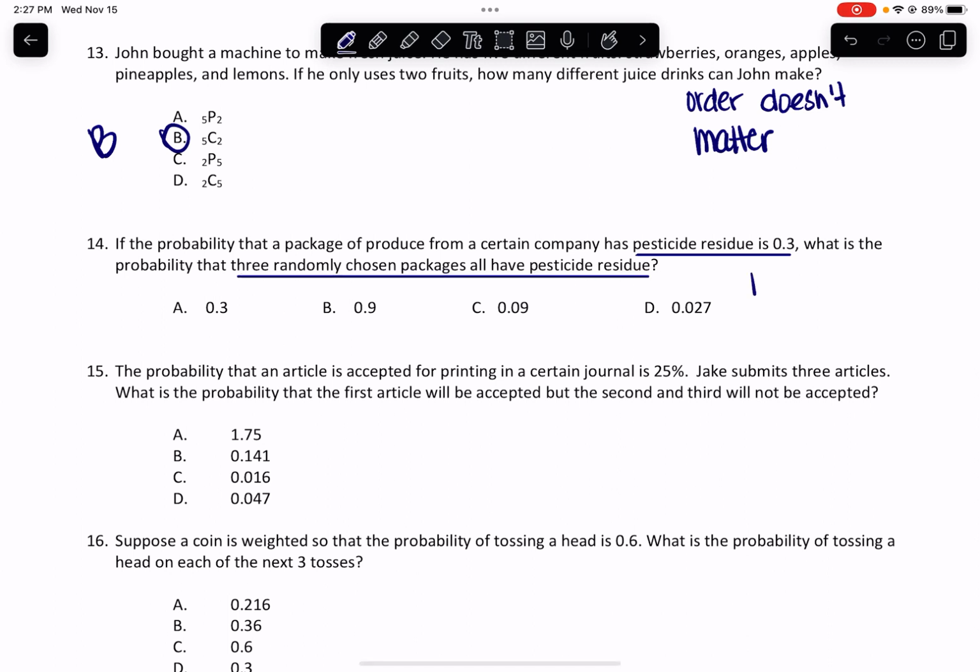So that's residue intersect residue intersect residue. Remember, intersection is multiply, so it's 0.3 times 0.3 times 0.3, which is 0.027. Answer choice D.